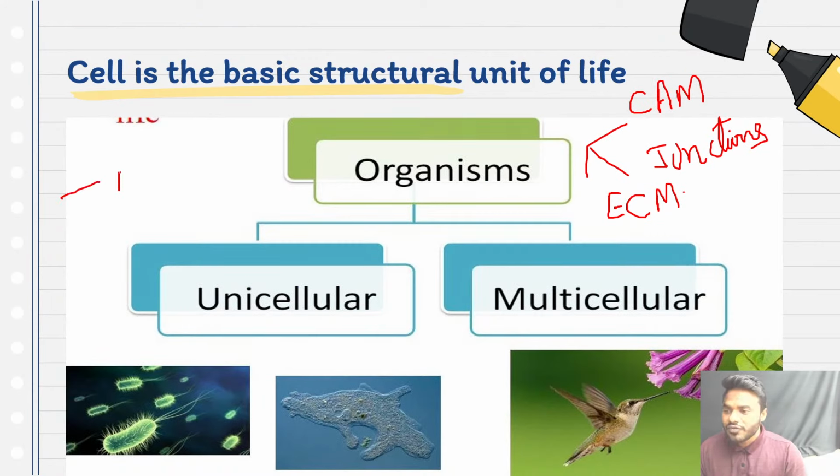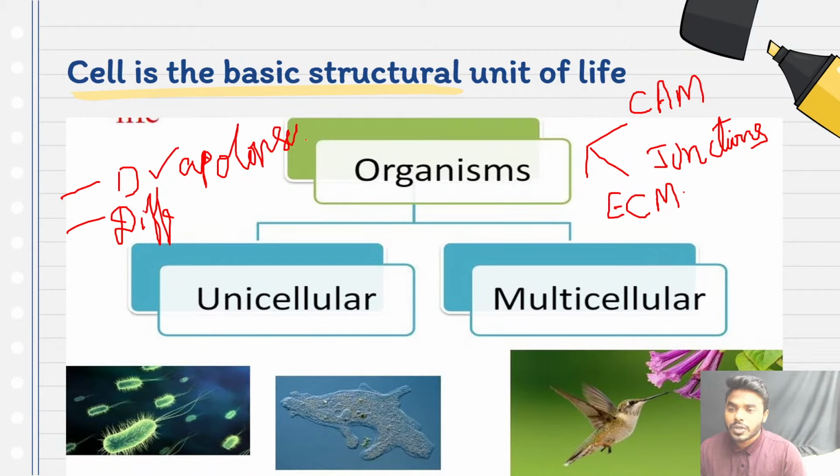For cell division, for cell differentiation, even for cellular death, which we call apoptosis, for every single process, what do we require? We require cell communication.